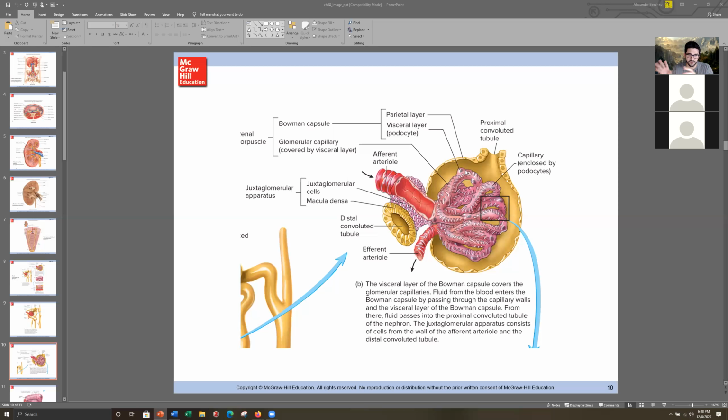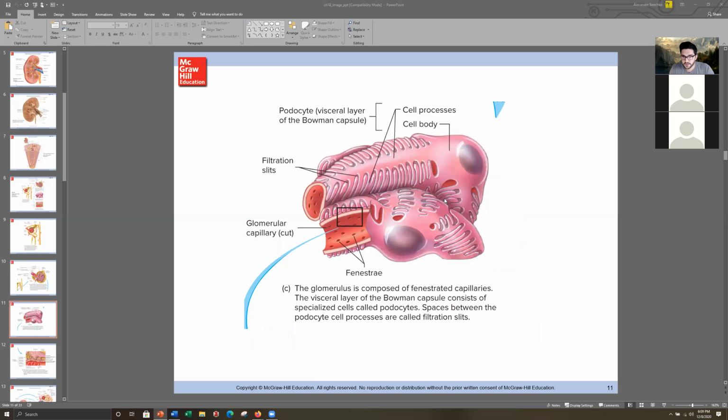So these guys kind of graft around the arterioles of the glomerulus. Now these arterioles are a little bit different than most other arterioles because these ones are fenestrated, meaning that they have little holes in them, right? So these little tiny holes are how we get filtrate out of our bloodstream and into the Bowman's capsule.